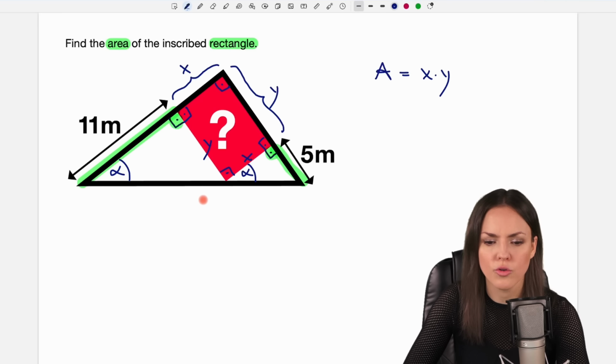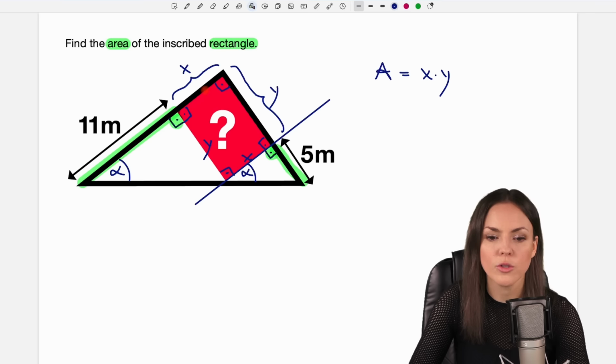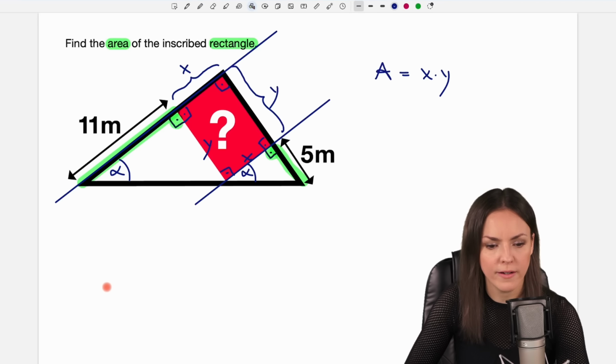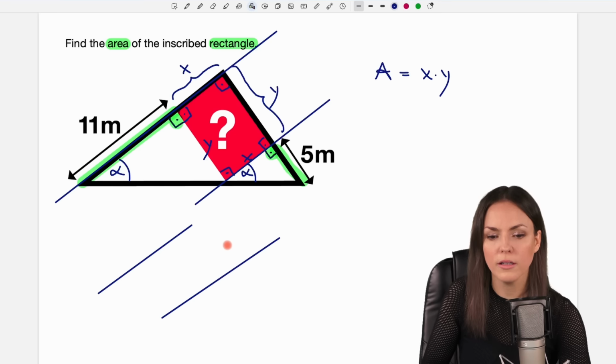So if I just draw a line like this here through the rectangle, and also here I draw a line through the rectangle, then these two lines are parallel to each other. So if I draw it here, I have these two parallel lines, and then they are crossed by this line here.